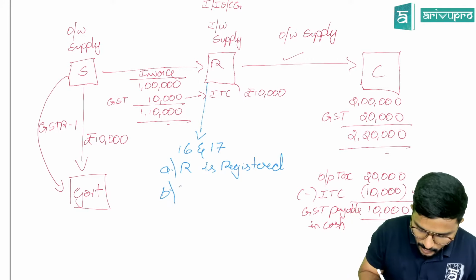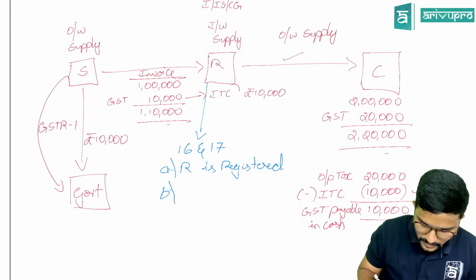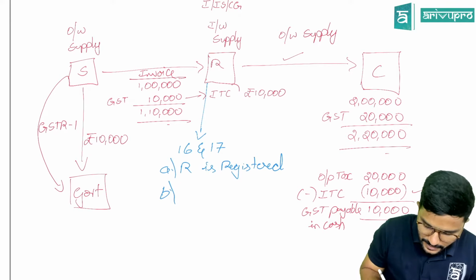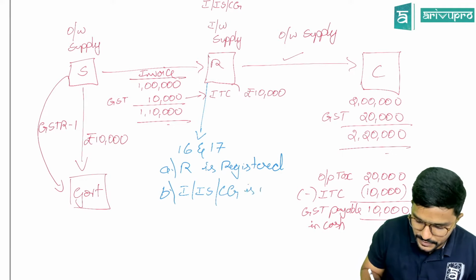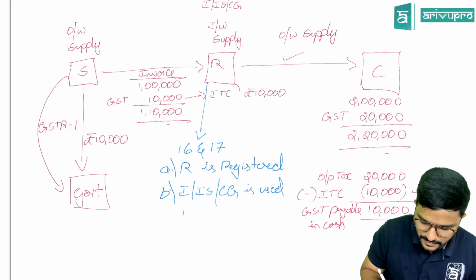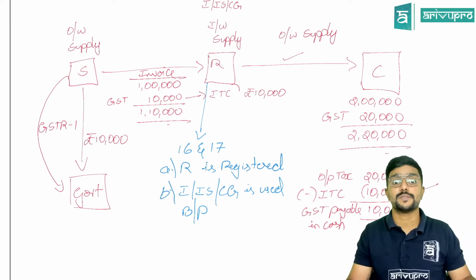Next, whatever input or input service or capital goods is purchased, it is used in business or profession. It should not be used for personal purpose.